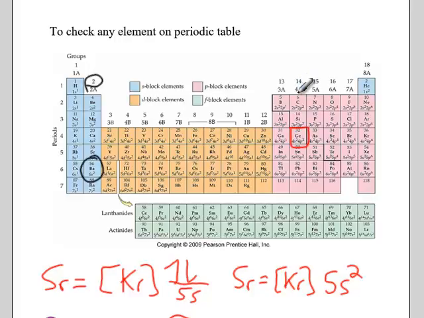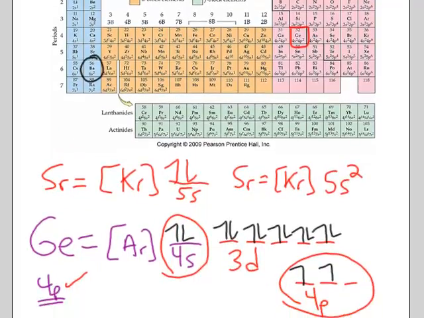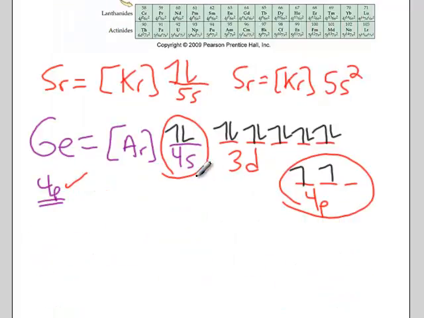Germanium is found in group 14, and the last digit of 14 is 4, so an atom of germanium has 4 valence electrons. And those 4 valence electrons are the outermost S's, the 4s, and the outermost P, the 4p.